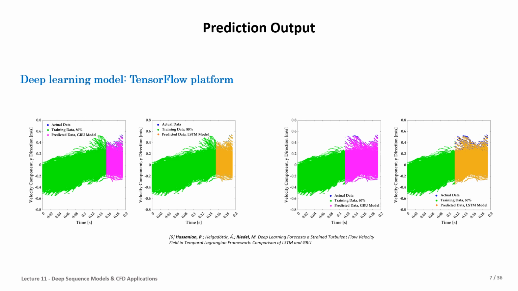Regarding the designed LSTM and GRU models for the data from the experiment, we focus on predicting the velocity in the x and y direction. Here is a presentation of the velocity component in the y direction. On the right-hand side, we use 60% of the data for training and 40% for test. Of course, validation for the training is also available, which was 20%, to be sure about the training.